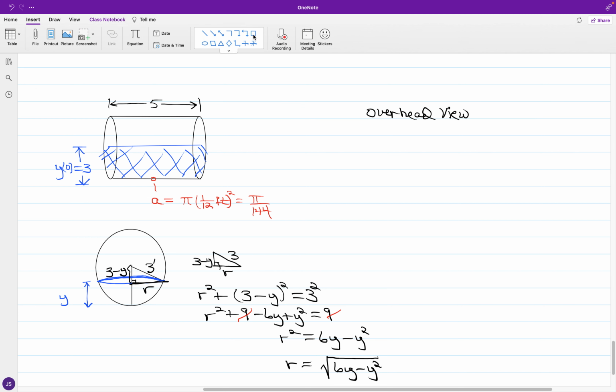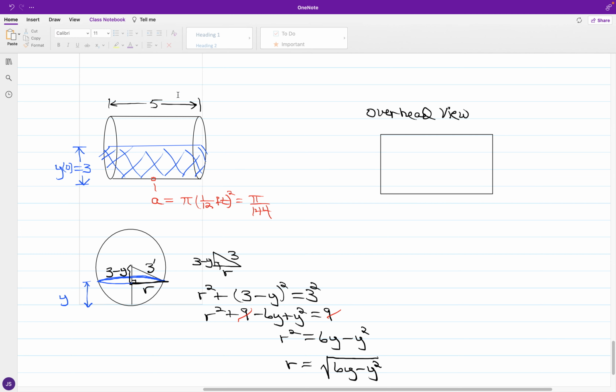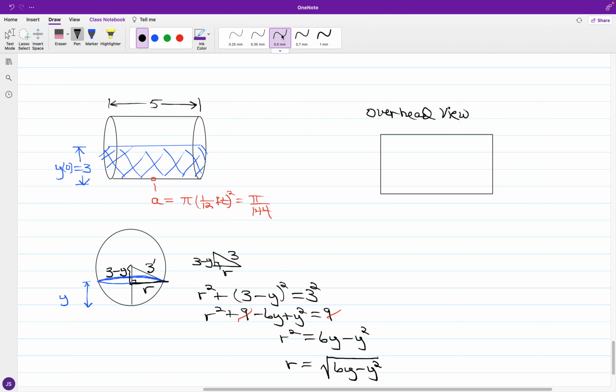If the cylindrical tank had been standing up, we would have another circular overhead view. But this time, with it laid on its side, the view is going to be rectangular. For the overhead view, the height of the tank when standing up becomes the length, so you have 5 feet.